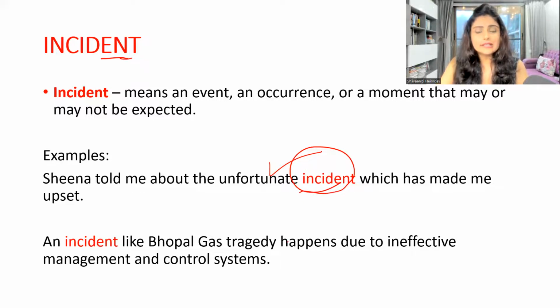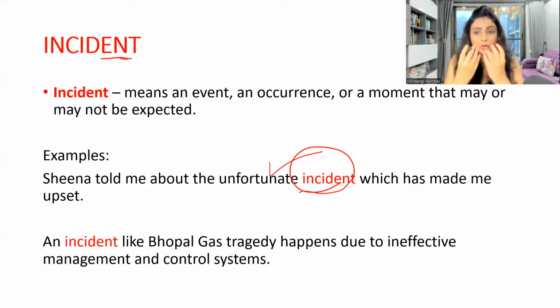Look at the second example: an incident like the Bhopal gas tragedy happens due to ineffective management and control systems. Now, what does this mean? This incident, the Bhopal gas tragedy, which we all know about, was an unfortunate incident. It happened due to sheer negligence, because the management and control systems were highly ineffective.